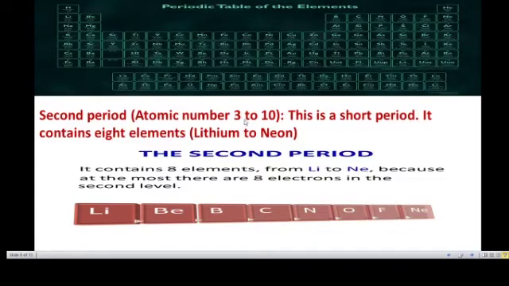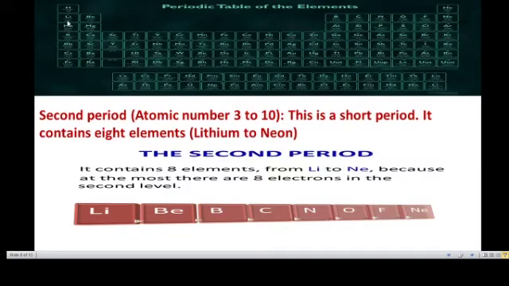Second period, atomic number 3 to 10. This is a short period. It contains 8 elements, starting from lithium to neon.